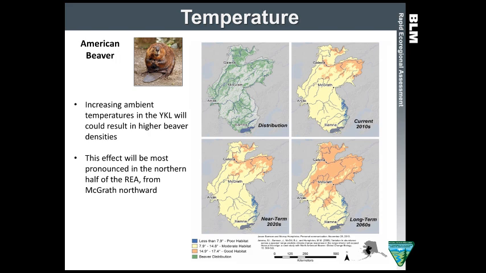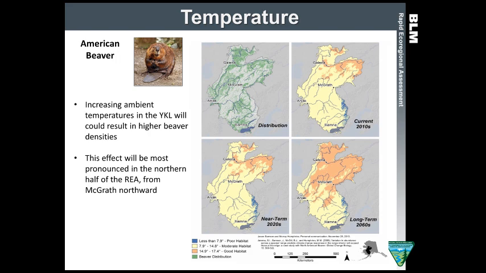Under current scenarios, the yellow indicates moderate temperatures, between 7.89 and 14.8 degrees, but the darker orange color indicates what we would consider good temperature for high beaver densities, over 14.9 degrees.